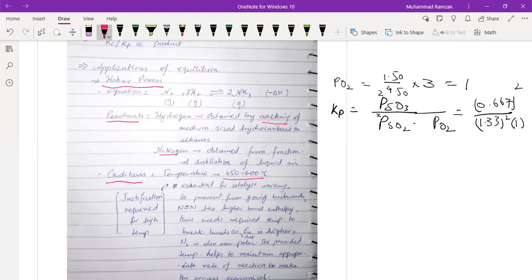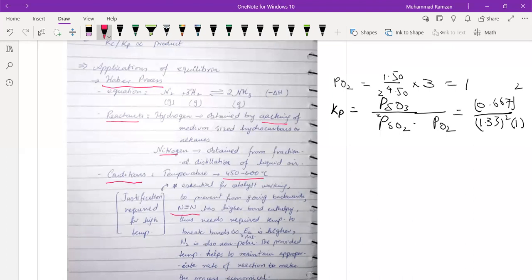In this, the answer is there is a triple bond in N2, and the triple bond has very high bond enthalpy. That's why, to break this bond, we need high activation energy, and the temperature range that is quoted is not too high, it is appropriate.